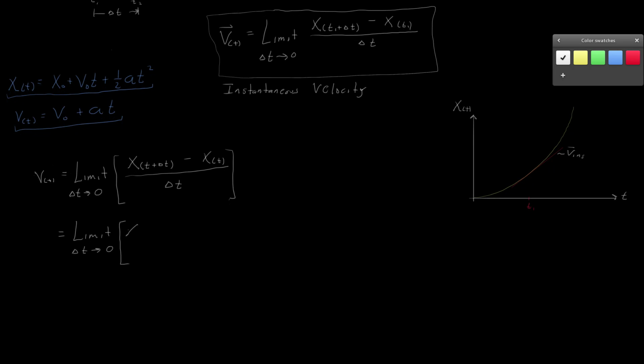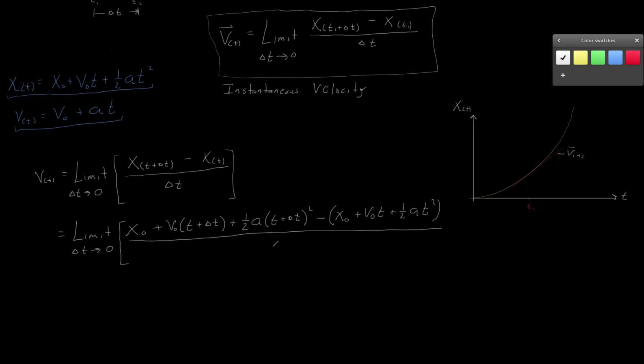So it's x0 plus the initial velocity times t plus a little bit more time to get to time 2, plus 1/2 a times t plus a little bit more time, squared, minus x0 plus v0 t plus 1/2 a t squared, all divided by a little change in time. Close that bracket here.